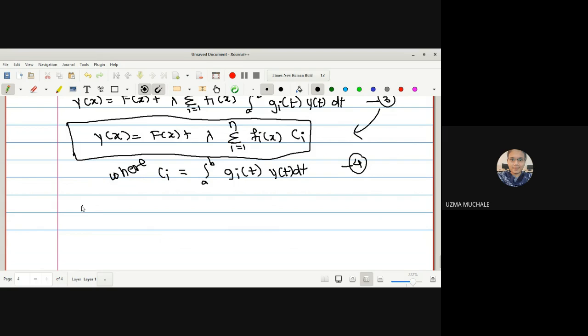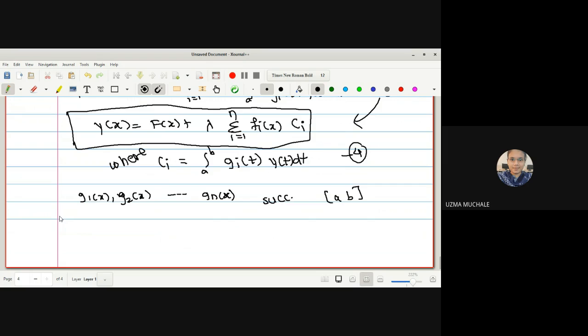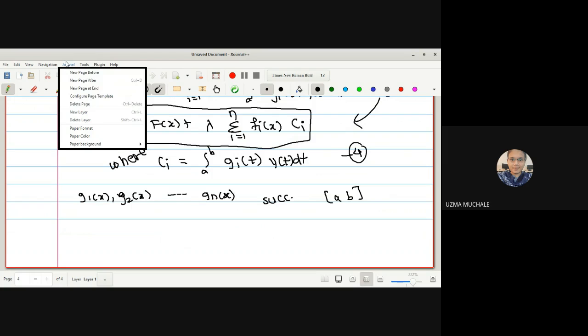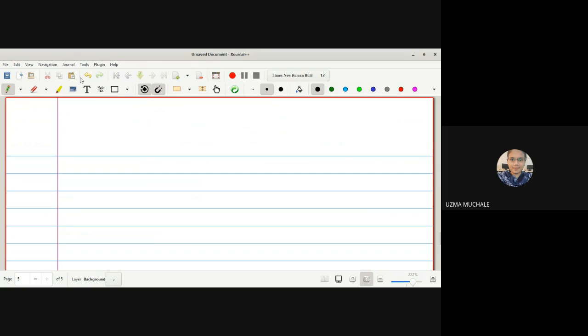Multiplying equation 3 by g1 of x, g2 of x and so on to gn of x successively and applying the integration within the limits a to b. The same procedure we have followed for our first method, we have to do the same thing here.